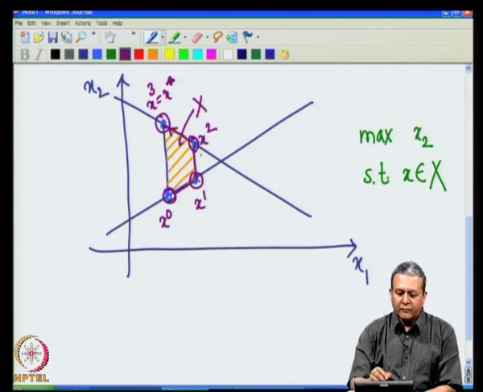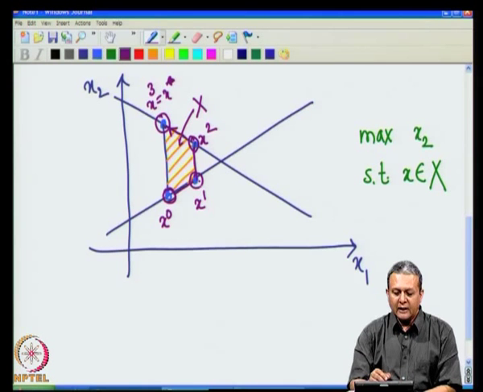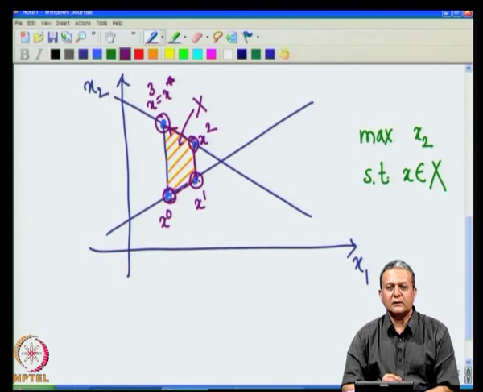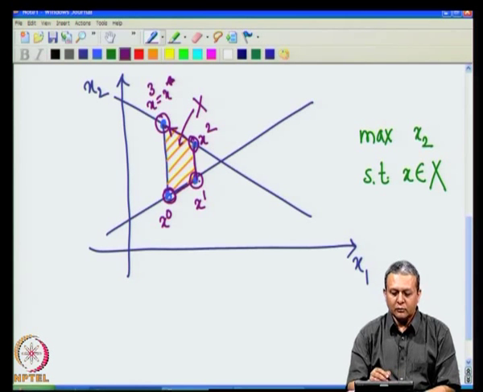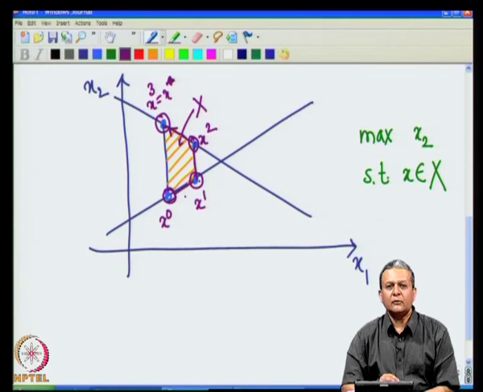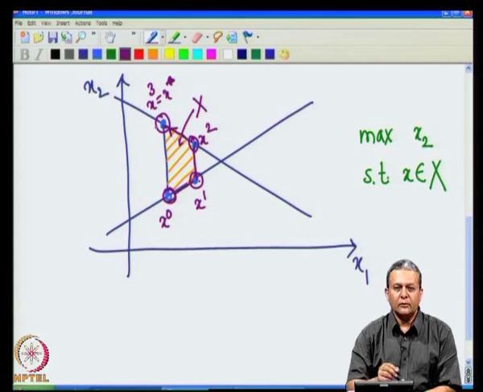So, the feasible region x in this case has 4 vertices, and the simplex method had to traverse through all the 4 vertices to reach the solution.